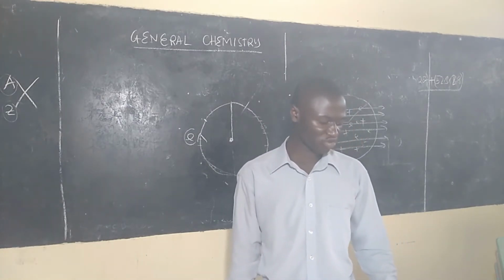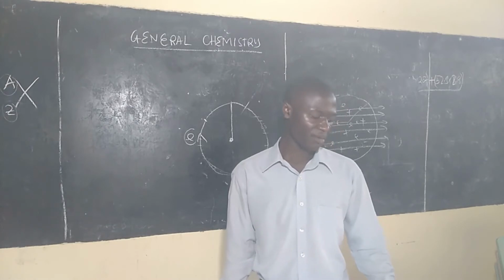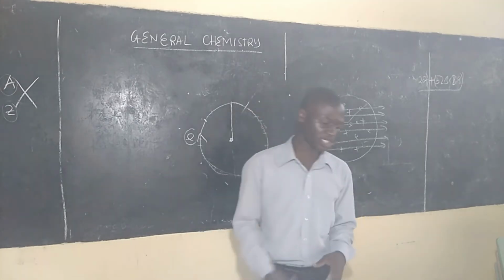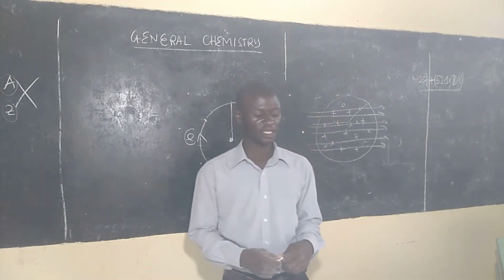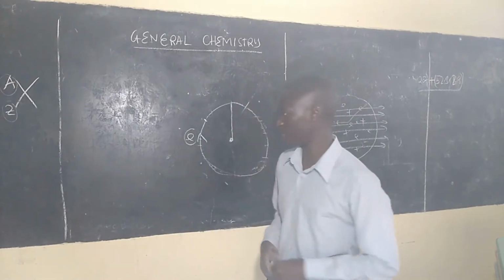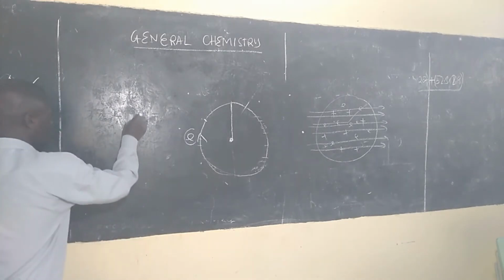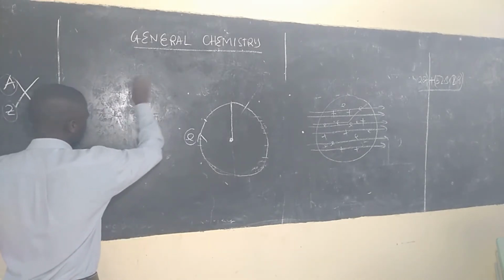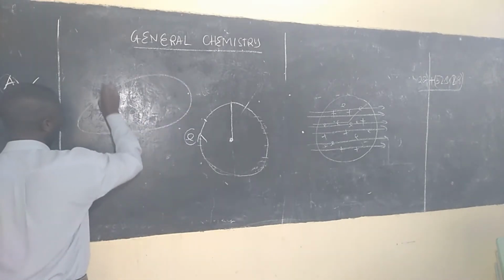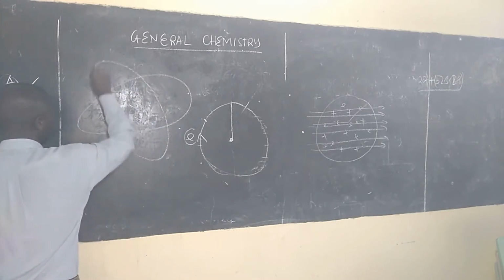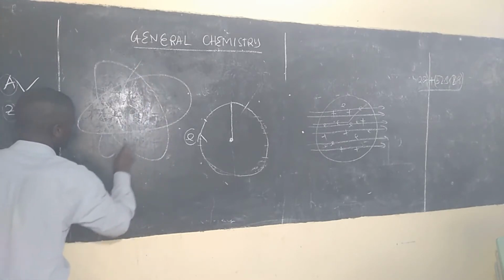So pia tunayo Rutherford planetary model ambayo yenyewe according to this model electrons are revolving around the nucleus just as the planet revolves around the sun. So according to a Rutherford planetary model, maana tunakuwa na nucleus, then you have electrons revolving in orbit. This is according to Rutherford.